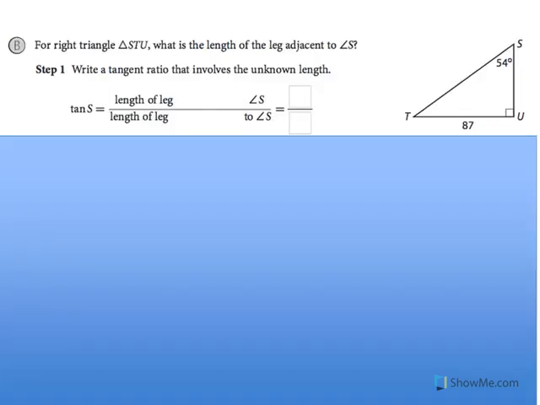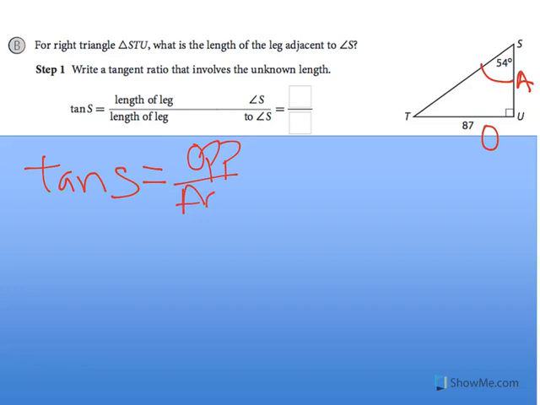So here, example B. Right triangle STU. What is the length of the leg adjacent to angle S? So here we're observing from angle S. So this is our adjacent. That's the opposite. So we say that tangent of angle S is equal to opposite over adjacent. Right? So then our opposite is given as 87, and the adjacent is SU.